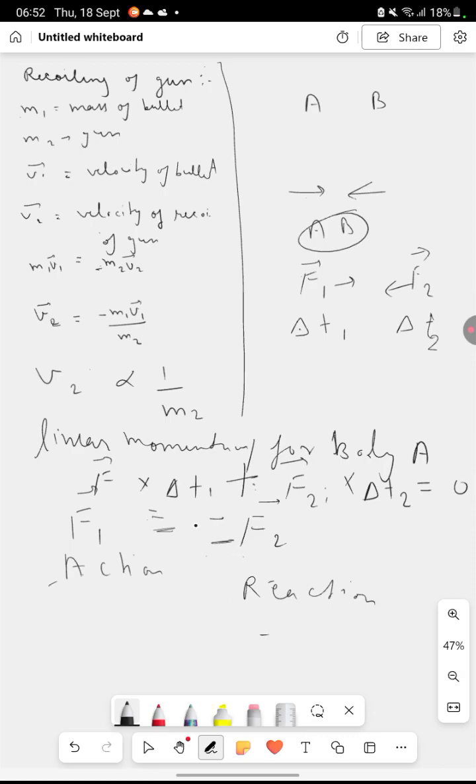So from here we can say the third law is established: the action is equal and opposite to the reaction. So the third law is also contained in the second law of motion. Hence proved. So from here we can say the second law is the real law of motion.